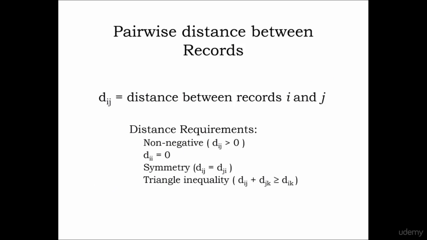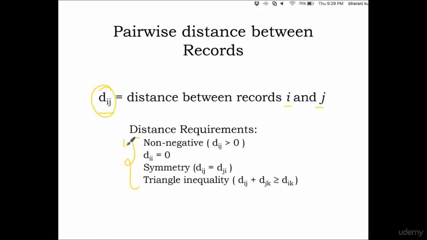If you were to calculate the distance between two records, how do we do that? Even before we get into the calculation of the distance, we need to understand the distance between two records, I and J. It is calculated provided these things are borne in mind.